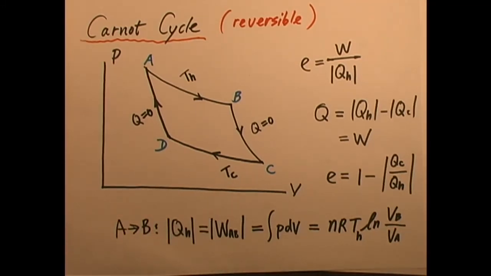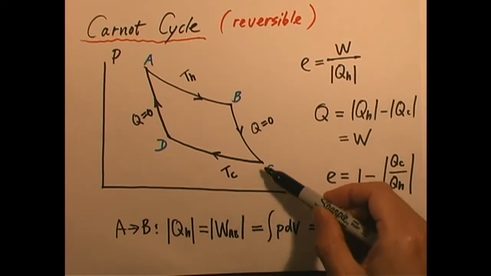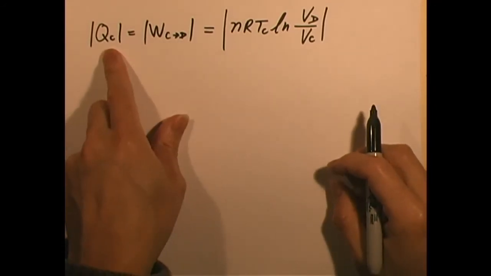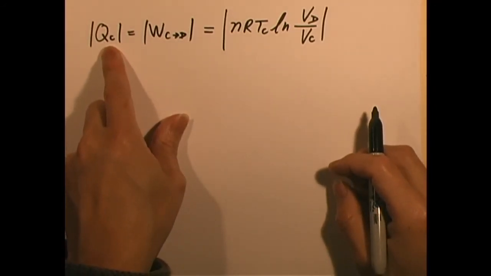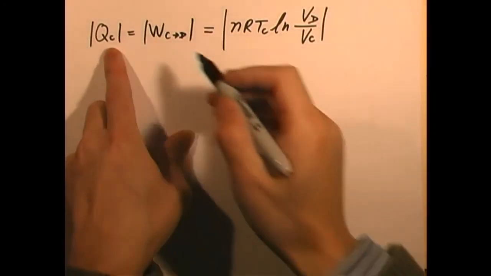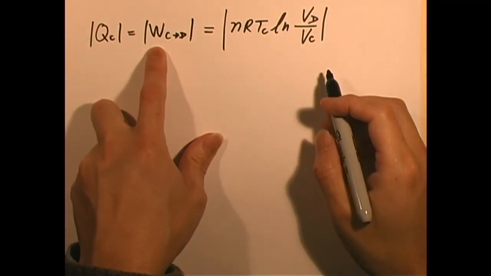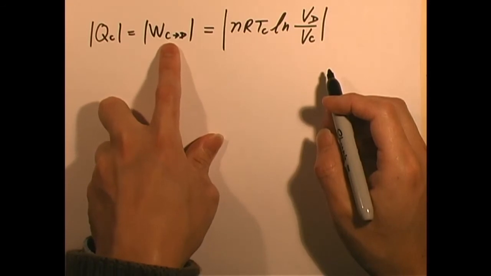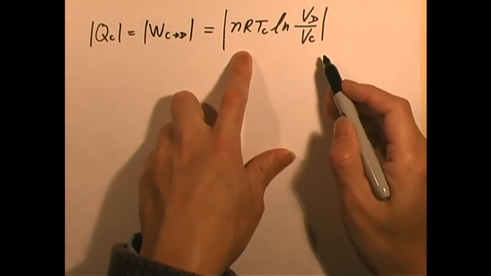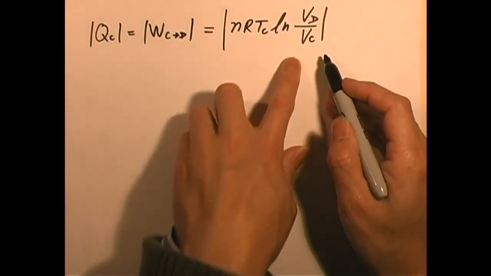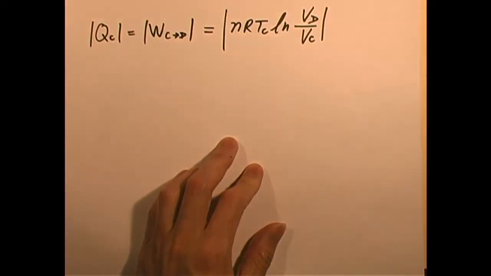Meanwhile, let's look at the heat going from C to D. The answer is analogous. This is the heat lost by the gas going from point C to point D, Q cold. It is equal to the absolute value of the work done by the gas or on the gas, whatever, from C to D. Its formula is the same, nRT cold times the log of VD over VC. Now let's be very careful here.